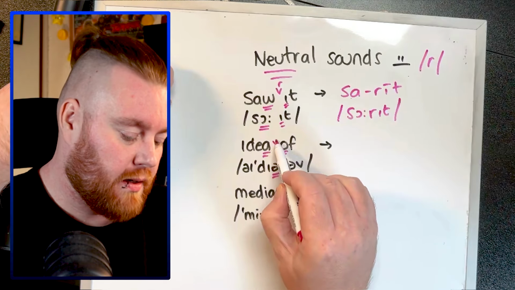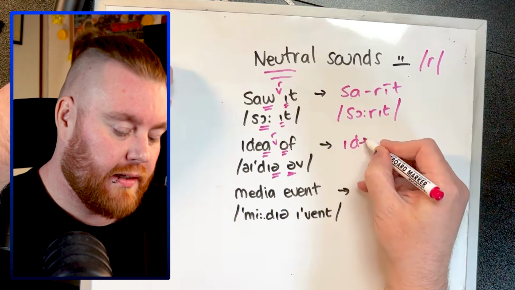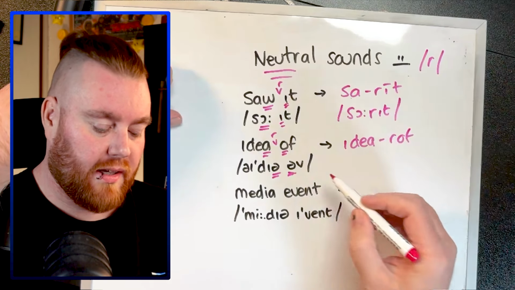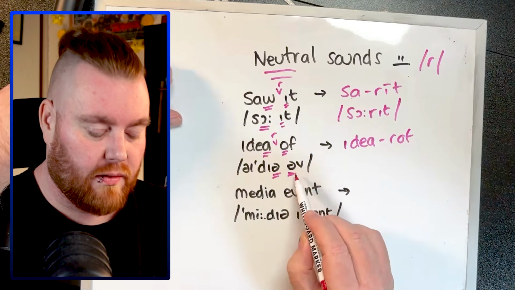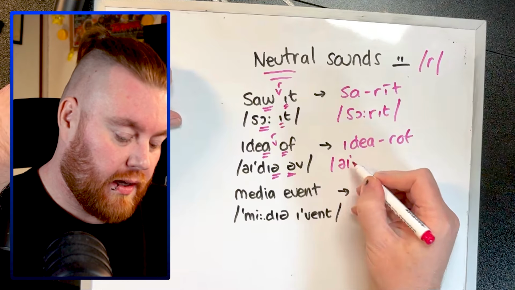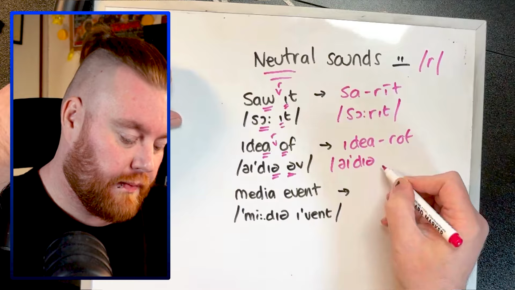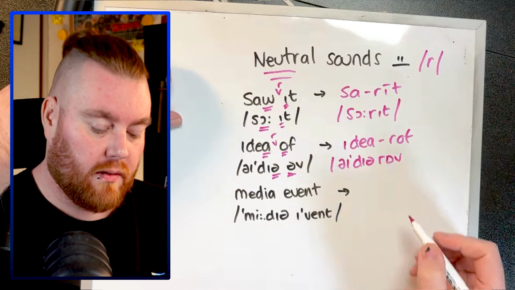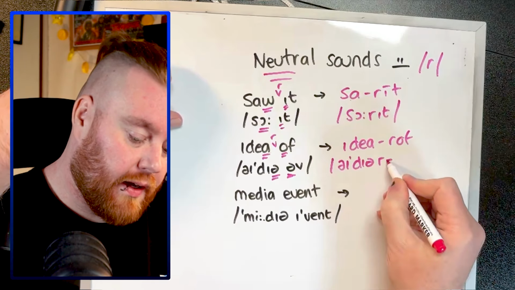So we're going to add the r in there, and you're going to get idea of. But once again, we can't really trust the spelling because it's OF, but actually it's of, like this. So if we look at the transcript, we've got idea of. It's not actually. Tell a lie. Idea of.